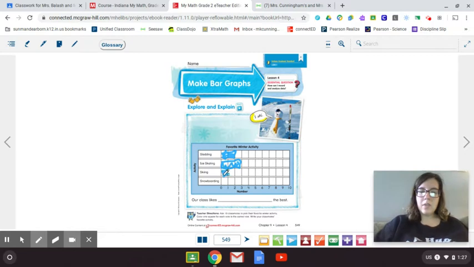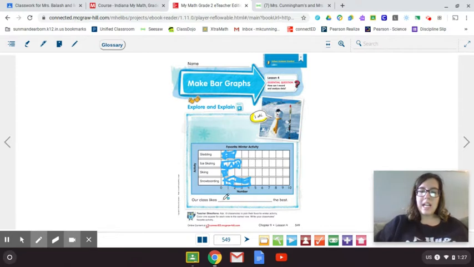And 4 people liked snowboarding. So I color in 4 boxes. So if you guys look down at the numbers at the bottom, 1, 2, 3, 4, where the number lines up, that's how many you should color.